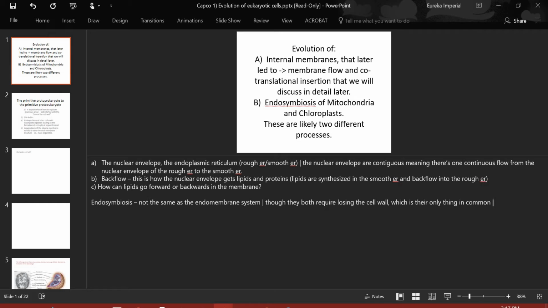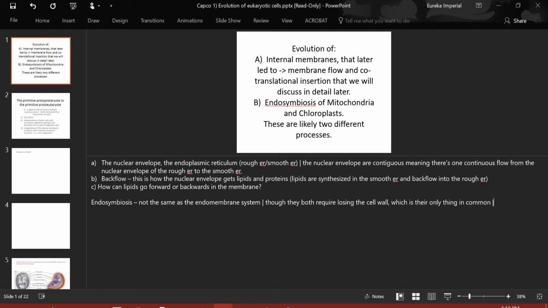When a species ceases to exist, what's it called? Extinct. When a species is still alive, it's called extant, E-X-T-A-N-T.